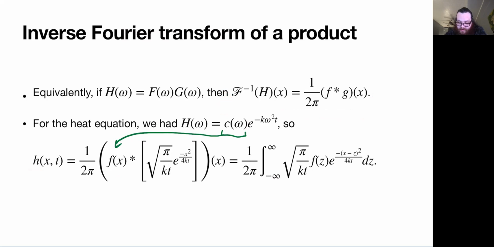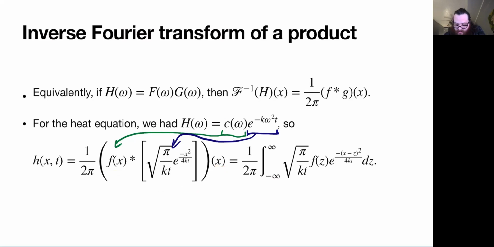A convolution of the function that we took the Fourier transform of to get c, and the function that we took the Fourier transform of to get this Gaussian e to the minus k omega squared t. So it's 1 over 2 pi times the convolution of these two functions, evaluated at x.